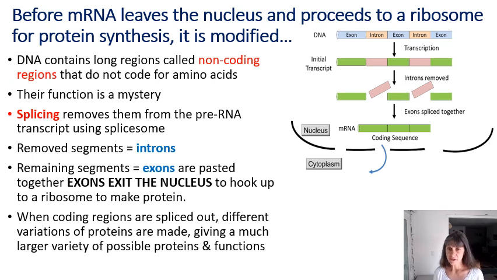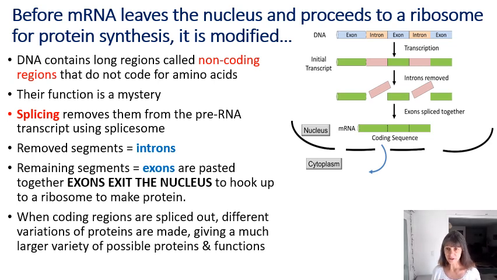In the previous slide, we saw that there is a molecule of pre-messenger RNA that's produced as RNA polymerase starts to build that molecule of pre-messenger RNA. On the DNA are long regions that are non-coding regions for amino acids.